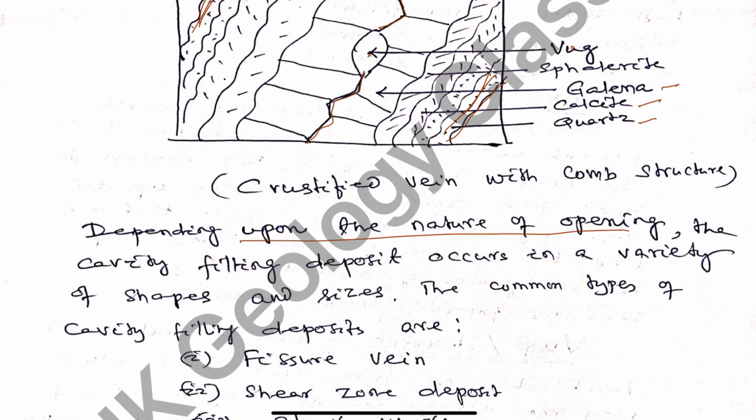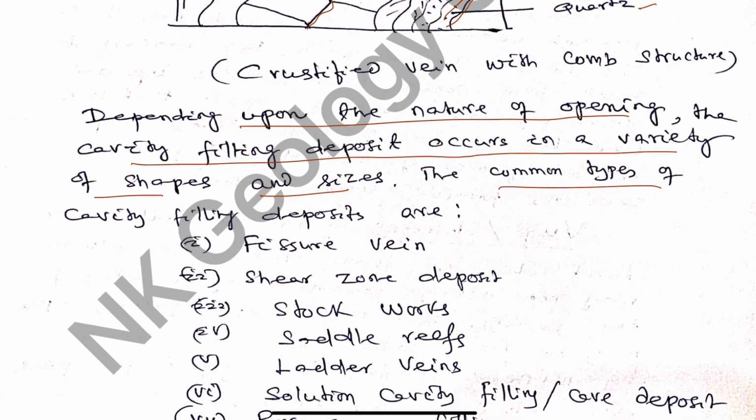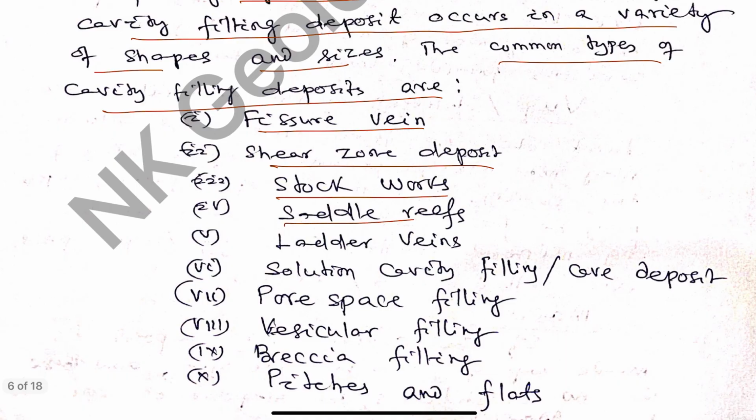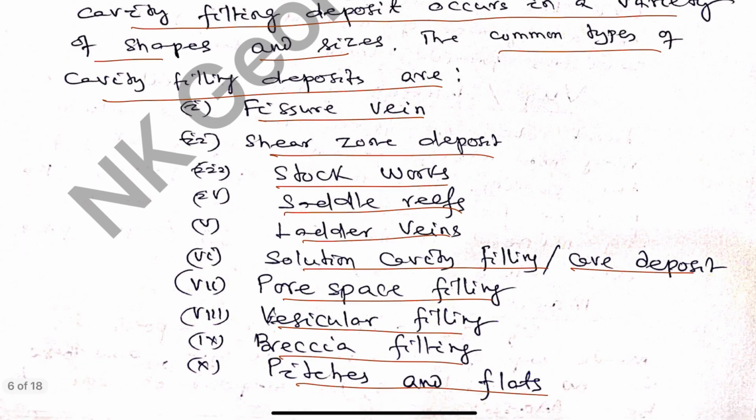Depending upon the nature of opening, the cavity filling deposit occurs in a variety of shapes and sizes. The common types of cavity filling deposits are fissure veins, shear zone deposits, stockworks, saddle reefs, ladder veins, solution cavity fillings or cave deposits, pore space fillings, vesicular fillings, breccia fillings, pitches and flats.